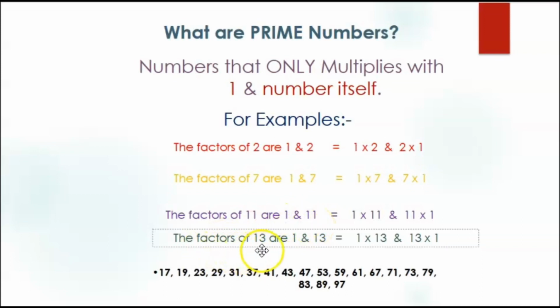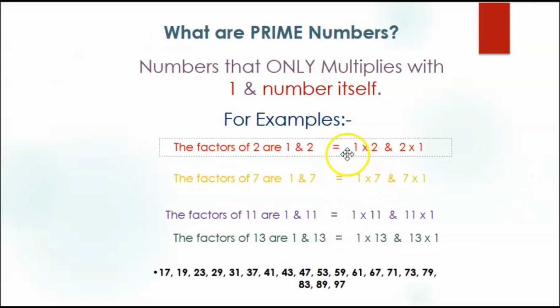The factors of 13 are 1 and the number itself, 13. 1 times 13 equals 13. 13 times 1 equals 13. Does 13 come in any other table between 1 and 13? No, it doesn't. That's why it only has two factors, 1 and 13. So the numbers which have only two factors are called prime numbers.